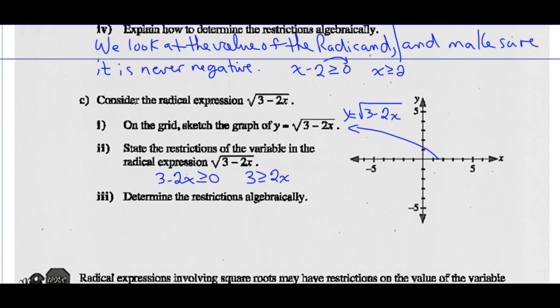And I divide both sides by 2. So 3 halves is greater than or equal to x. Or if you want to write it the other way around, x is less than or equal to 3 halves. So I've just done part 3, determine the restrictions algebraically. There they are. X is less than or equal to 3 halves.